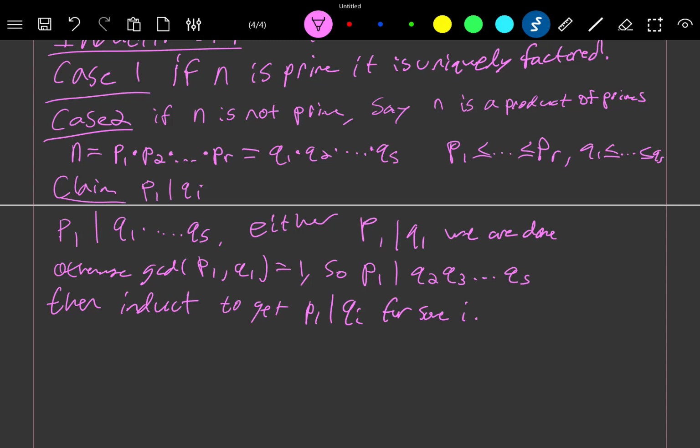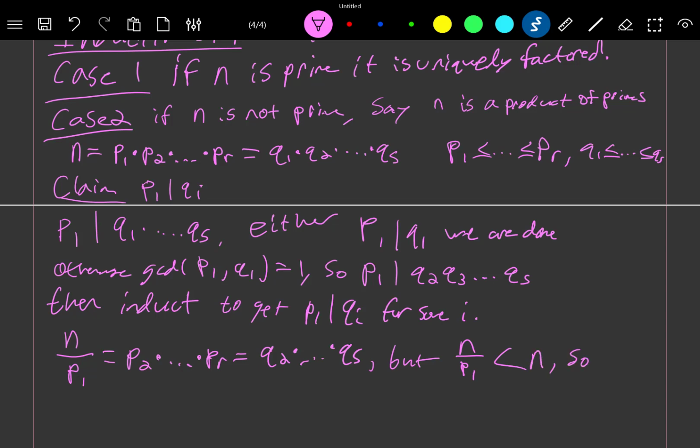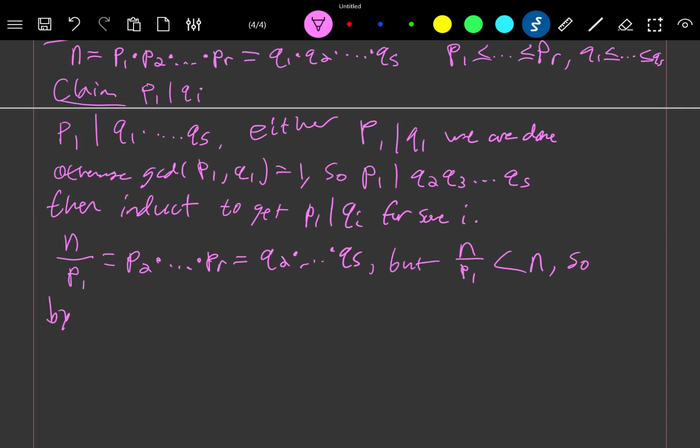Then what happens is if we look at n divided by p1, this is equal to p2 times all the way to pr, which is equal to q2 all the way to qs. But we have that n over p1 is strictly less than n. So by the induction hypothesis, n over p1 has unique factorization.